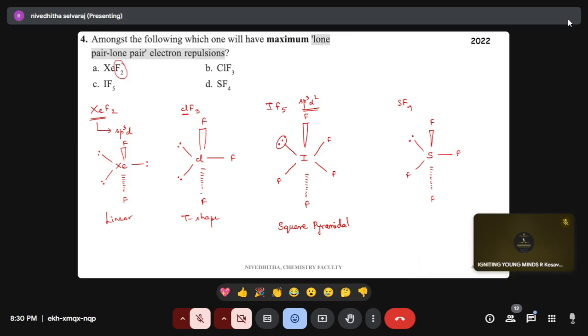So what is the shape of this compound? Seesaw, or it is also called distorted tetrahedral. Now tell me which molecule has more lone pair repulsion.